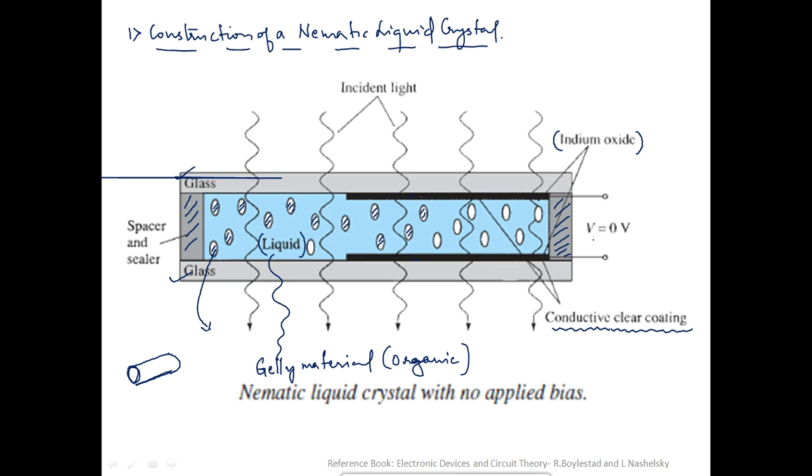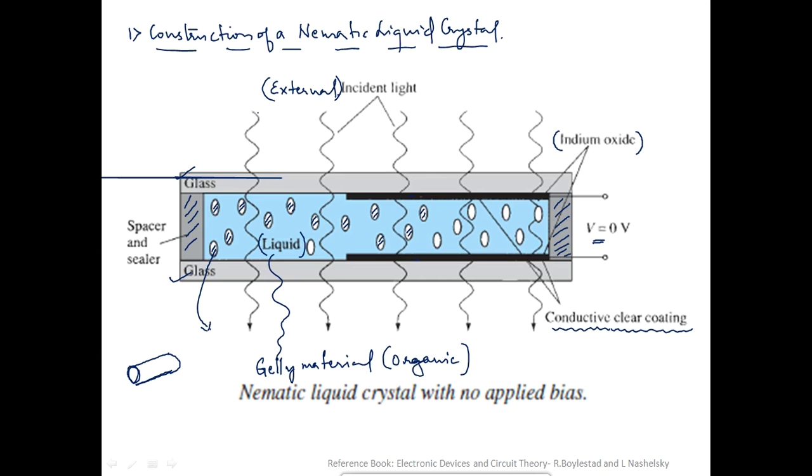Initially when there is no external voltage being applied, when V is equal to 0 volts, what happens whenever any incident light falls on this particular structure? The first point to be remembered here is that unlike LEDs, LCDs don't have any internal light source. So this is an external incident light.